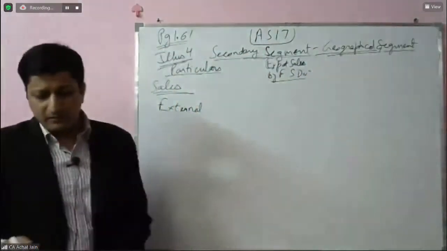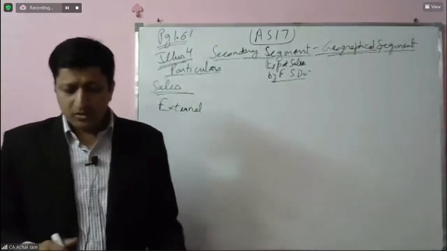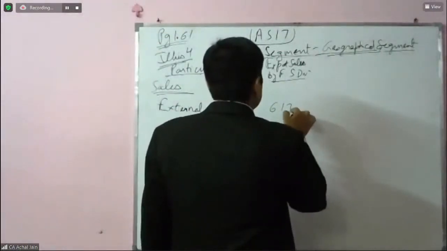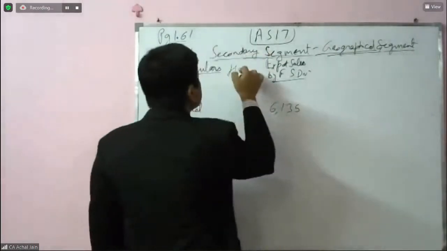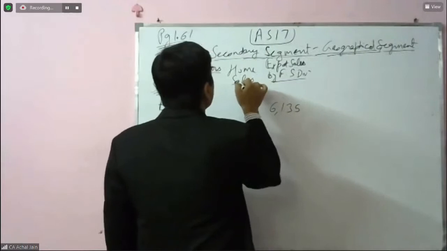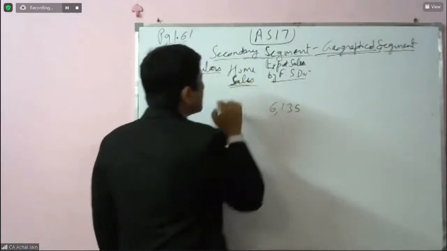This is available. What's the amount? 6135. Domestic sales are also available. So this is again on the list of geography.